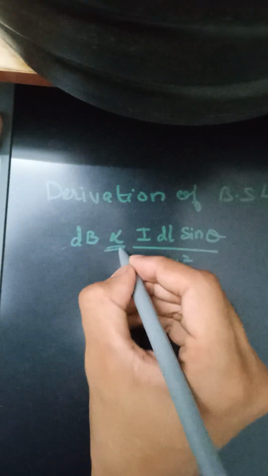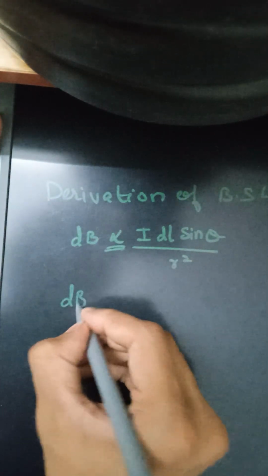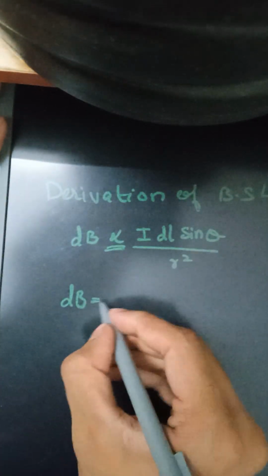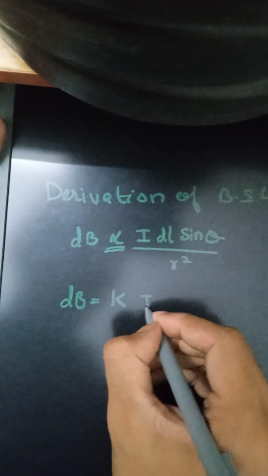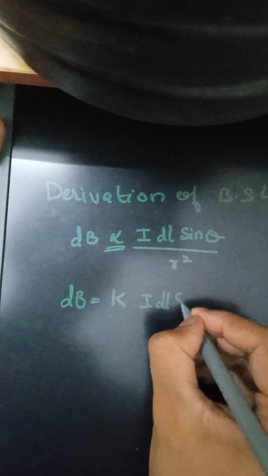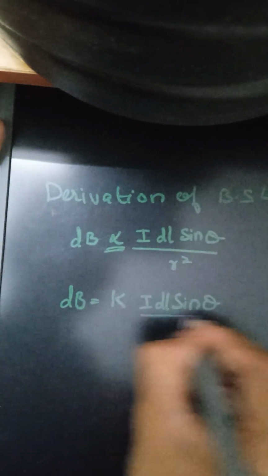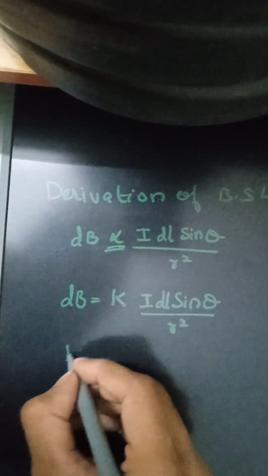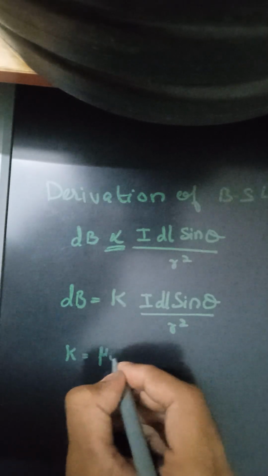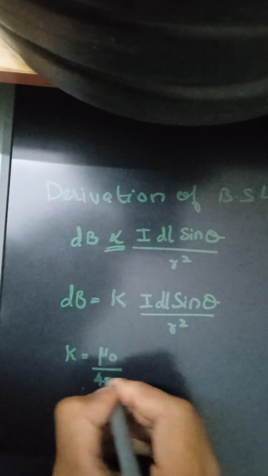Then to remove this proportionality symbol, we will include a constant k. I will tell what k is in a moment. Just wait. So k is a constant, that is mu naught by 4 pi.